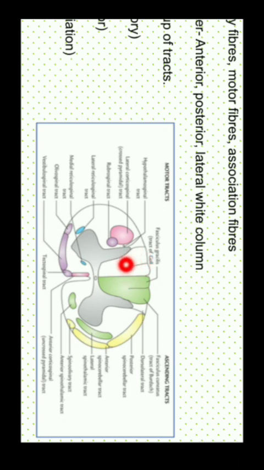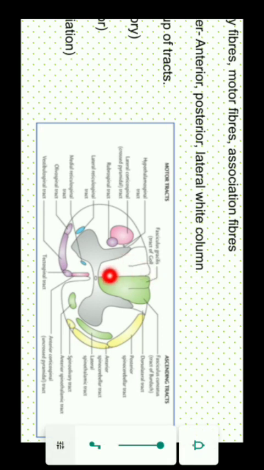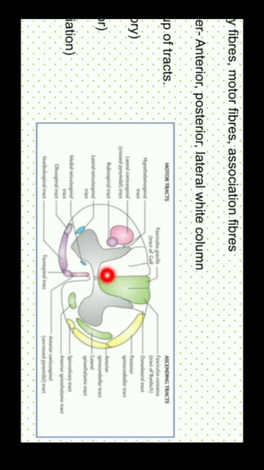The posterior white column is present between the posterior median sulcus and the posterior horn. The lateral column is present between the anterior and the posterior horn. And the anterior column is present between the anteromedian fissure and the anterior horn.